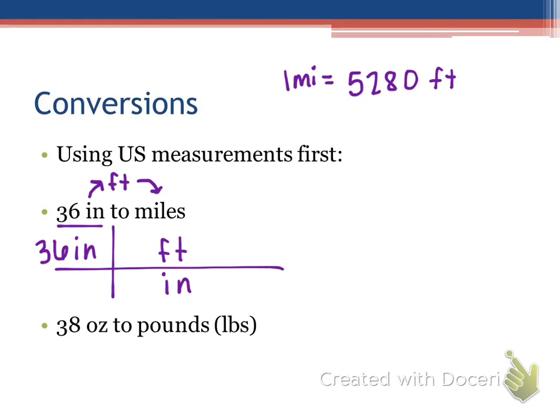If I want to cancel something in a fraction or in an algebra problem, one has to be in the numerator and one has to be in the denominator. Would you agree with that part? That's all I'm doing here. In the conversion factor between inches and feet, which is the larger unit? Feet, right? So I give the larger unit the 1, and I say how many inches are in 1 foot? 12.